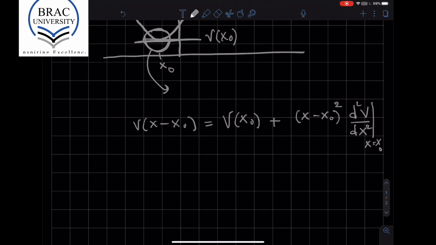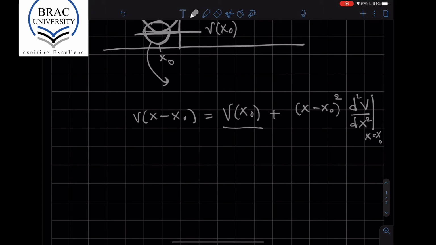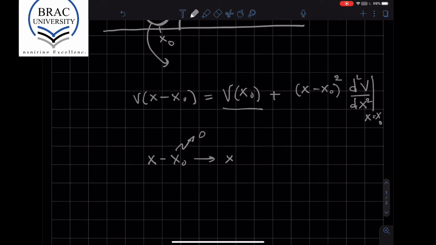By a judicious change of variable, you can always add a constant to a potential. So if you subtract this constant from your potential and then introduce a new coordinate system, x minus x0 goes to x. In other words, you're choosing your coordinate system in such a way that the minimum of the potential appears at x equals 0.